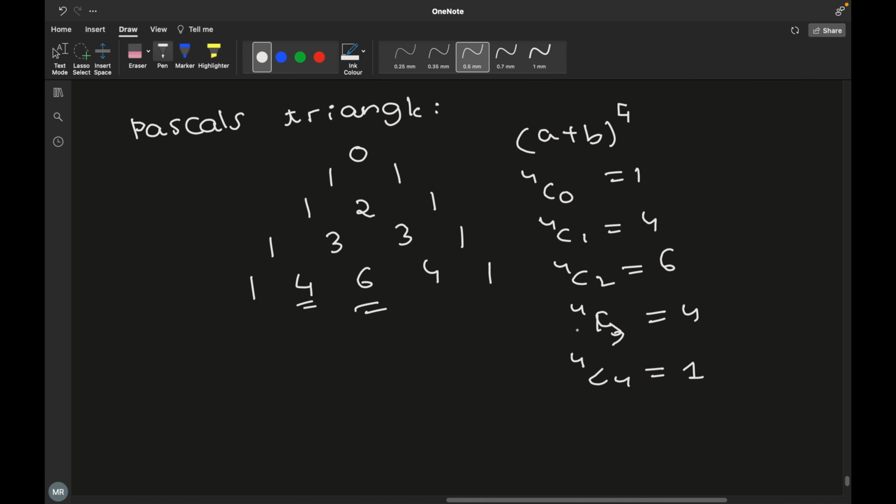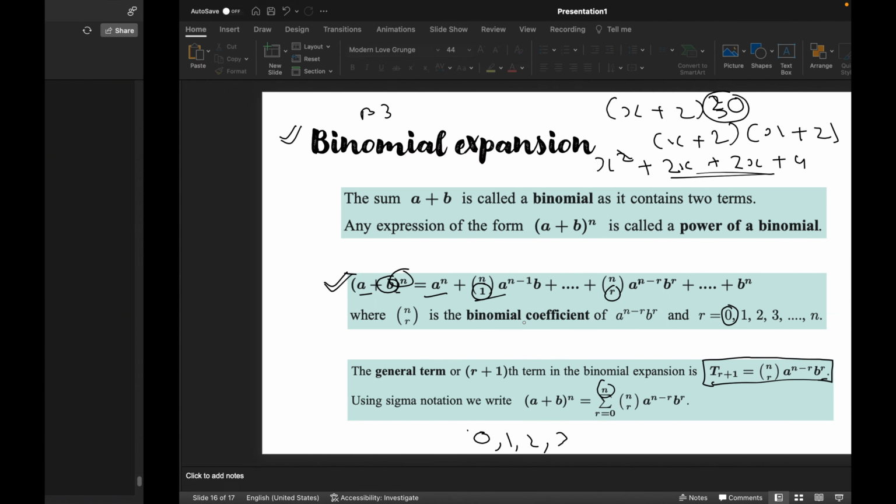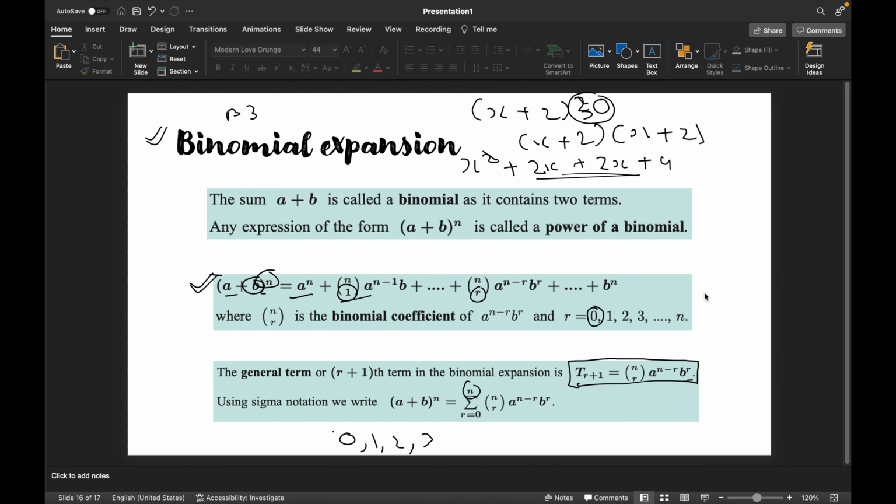You could either do this or this. And it keeps going on. It does not have an end. So the next row would be 1, 5, 10, 10, 5, 1. That's how you do it.